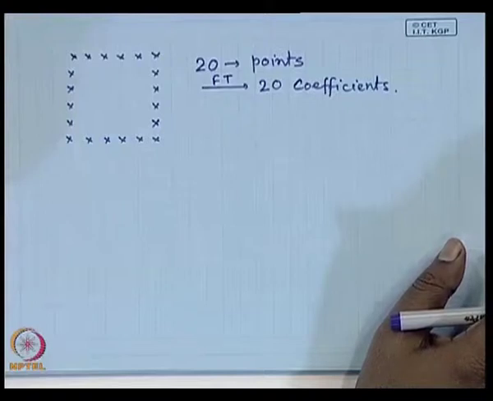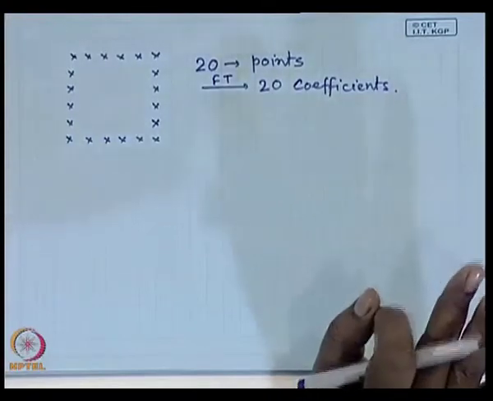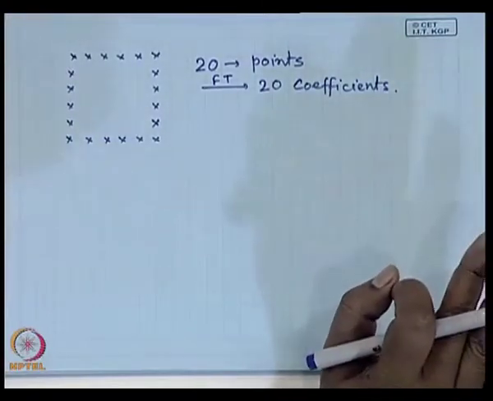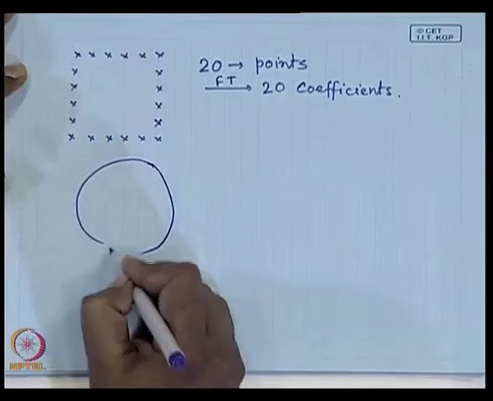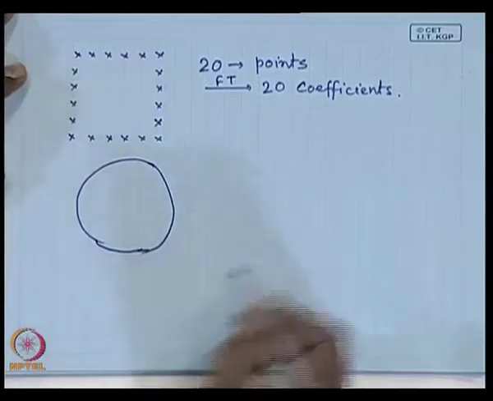Okay. So, out of this 20, if I decide that some of the higher order coefficient values I will remove, say for example, I decide that I will retain only 1 or 2 coefficients to give me the Fourier descriptor, and using those 1 or 2 coefficients, I take the inverse Fourier transformation by setting the coefficients which are removed equal to 0, then the kind of boundary after reconstruction that I will get is a circular boundary, something like this.